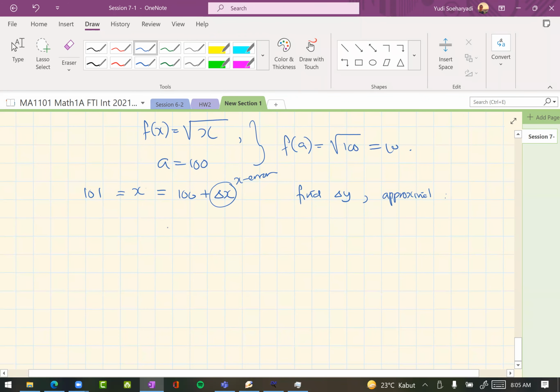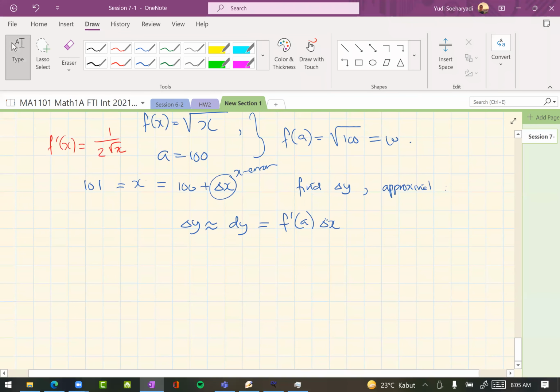So delta y is approximated by dy, and we can compute dy as f prime of x computed at a times delta x. That's easy because we now have the function. The derivative is 1 over 2 square root of x.